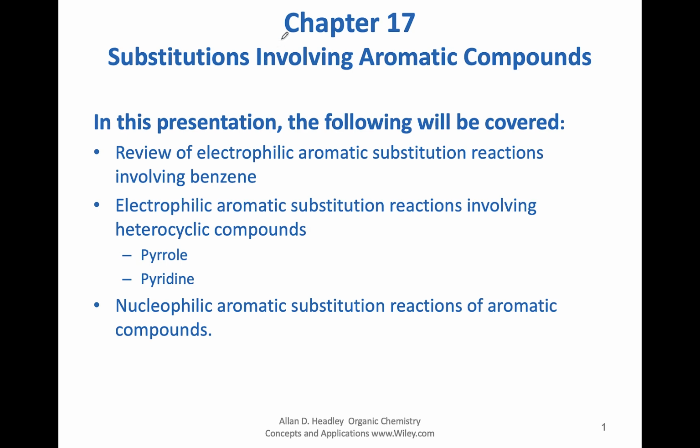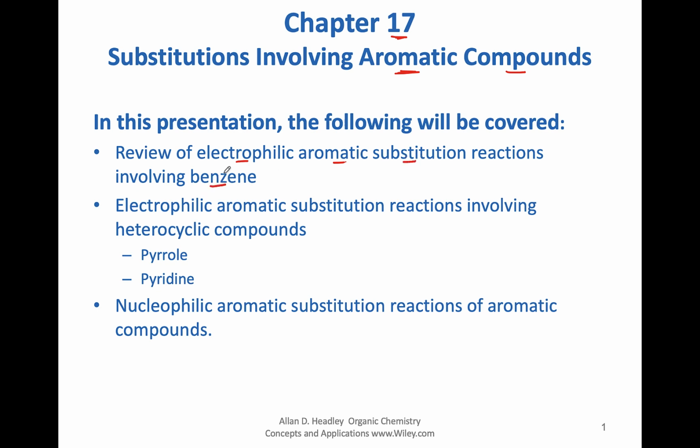This is the fourth and last lecture of chapter 17, which looks at substitution reactions involving aromatic compounds. In this presentation, we'll do a quick review of electrophilic aromatic substitution reactions involving benzene.